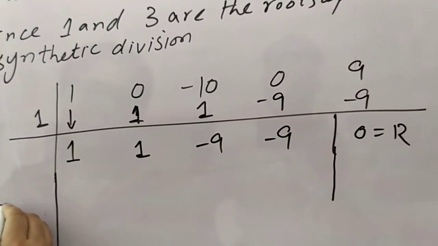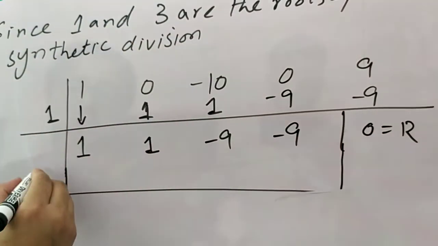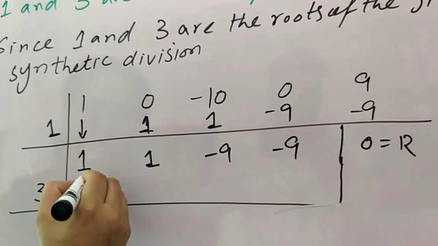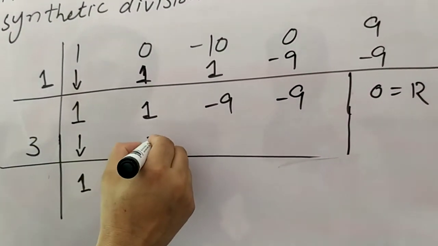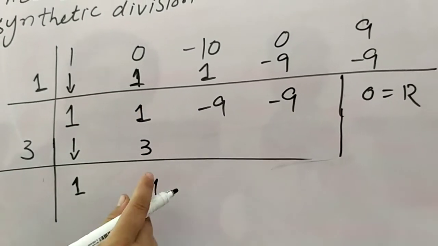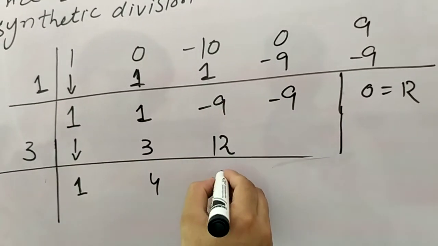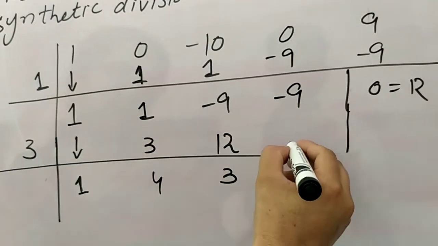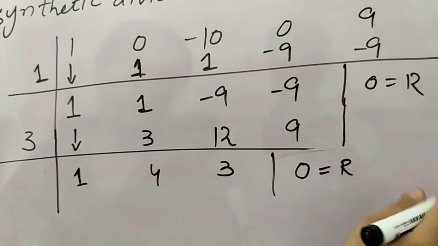So over here I am going to use 3, the second root, so taking down 1 as it is, 3 multiplied with 1, the result of 1 and 3 is 4. 4 multiplied with 3 is 12. The result of these 2 is positive 3. 3 multiplied with 3, we get 9. So the result of it is 0. It's the remainder.